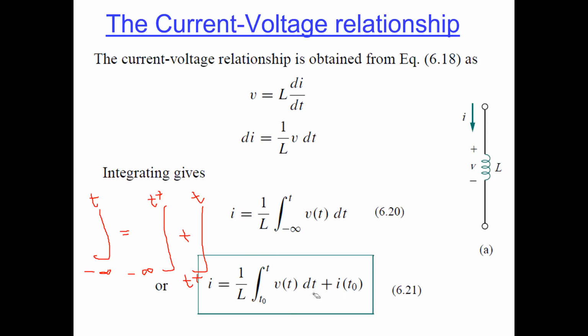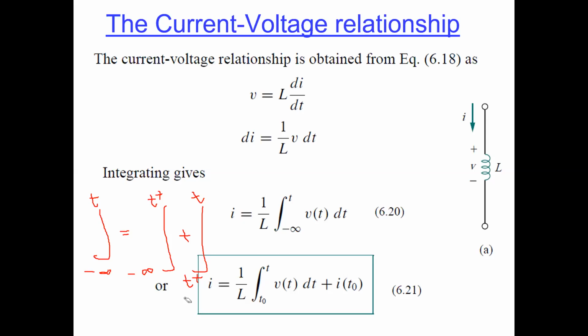and the answer of this integration, we can find, t naught is equal to t plus, and it is also equal to t minus. t naught is usually taken to be the origin, meaning t naught is equal to 0.